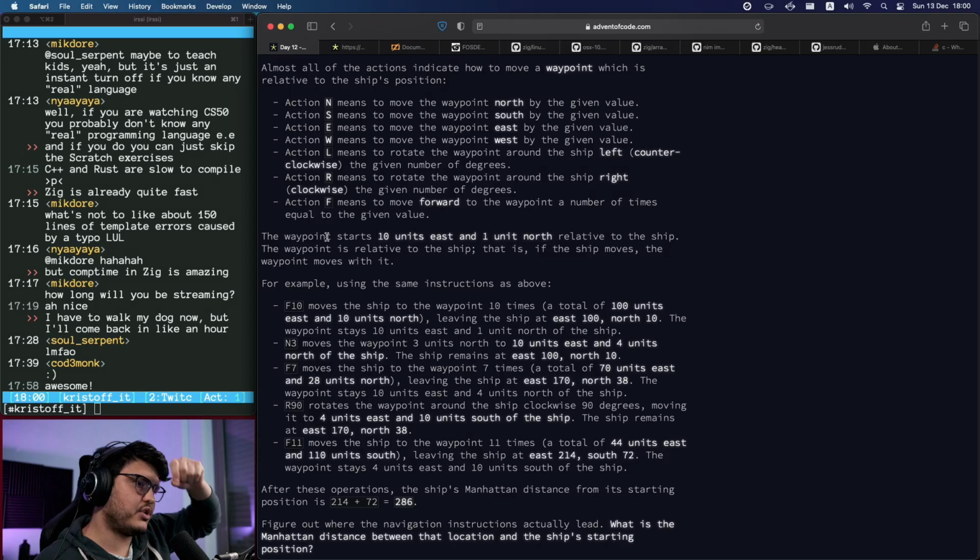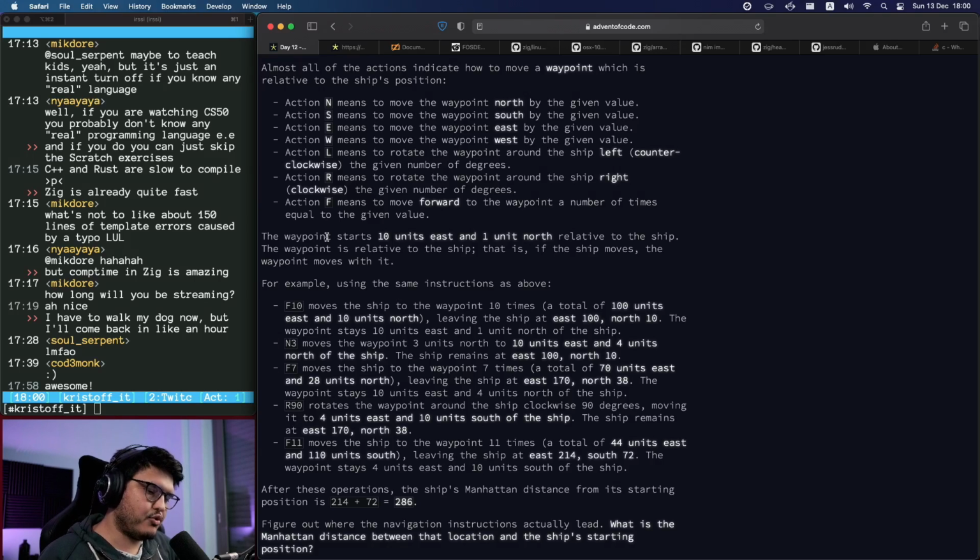So we have this other point. Now we are not moving the ship anymore, or we're not just moving the ship. We are moving this waypoint thing. And when we do F10, oh, I think I understand. Okay, so the waypoint is like a vector. Yeah, it's like a vector, and every time we do, okay, now I get it.